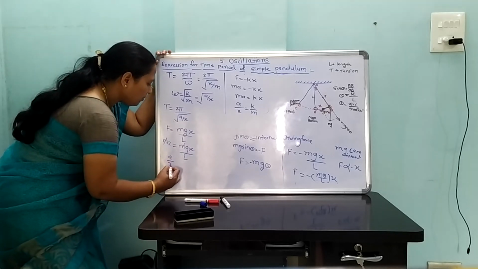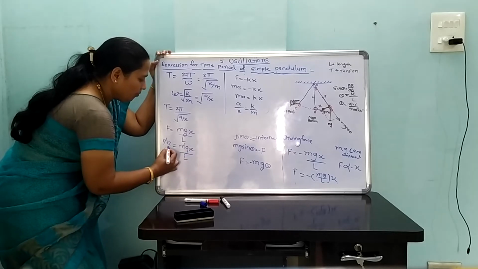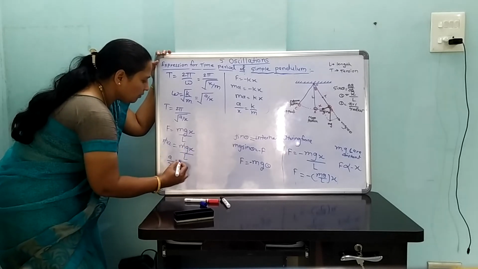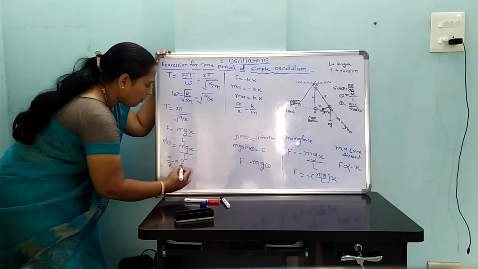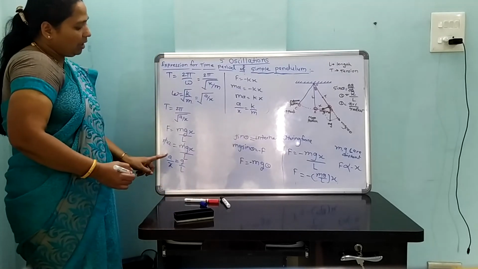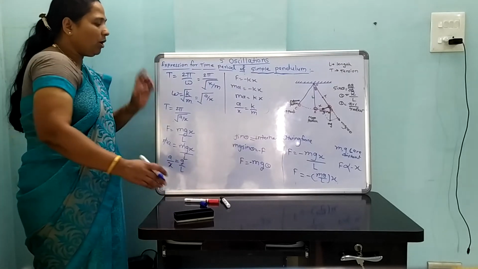Therefore, acceleration per unit displacement A upon x is equal to the remaining terms, g upon L.